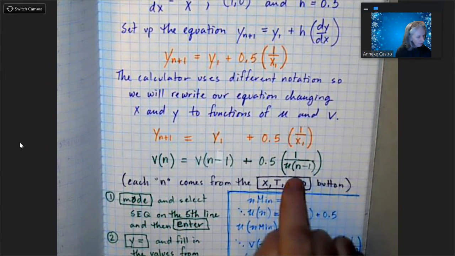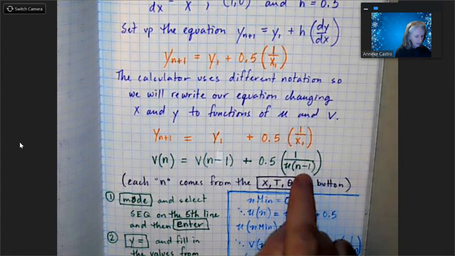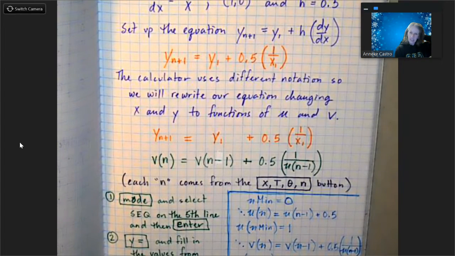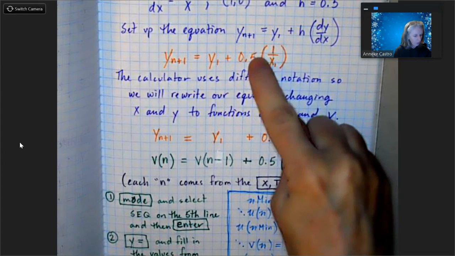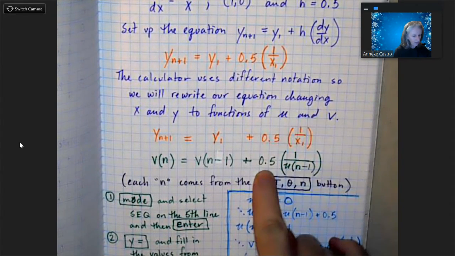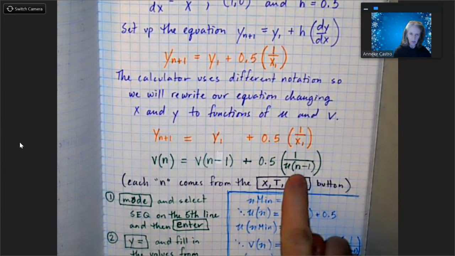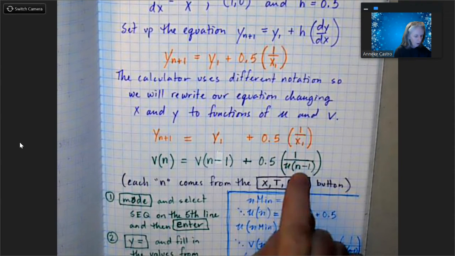And over here, instead of x of n, we're going to be writing u of n minus 1. It's just a slight change in notation, but we're going to be using the same things from up here. We're going to be using our h value, and our derivative. It's still 1 over x because u of n minus 1 represents x.